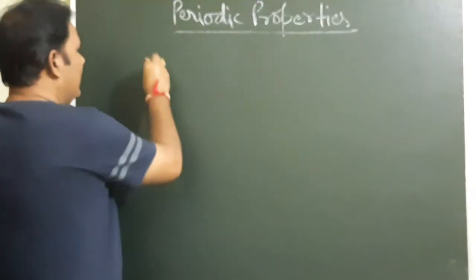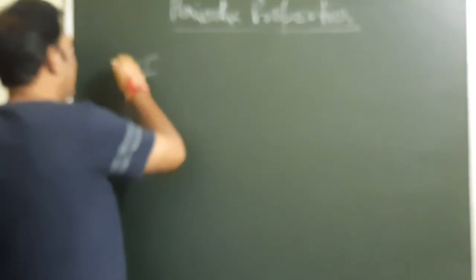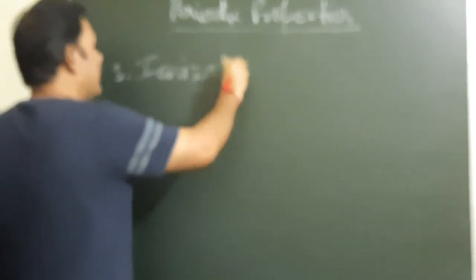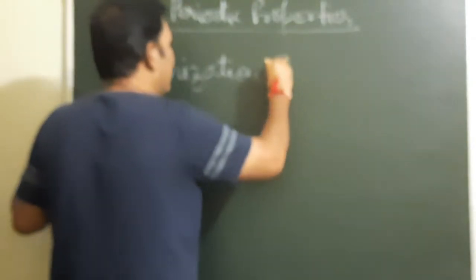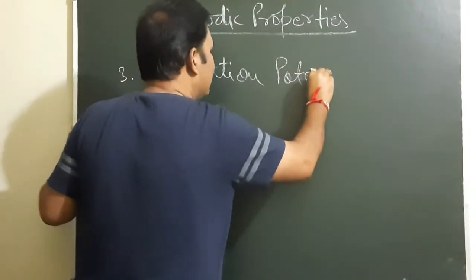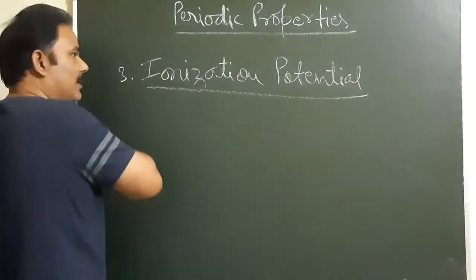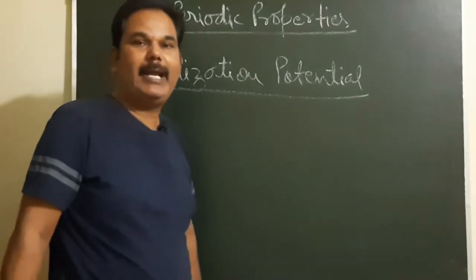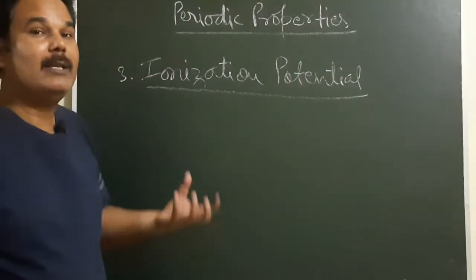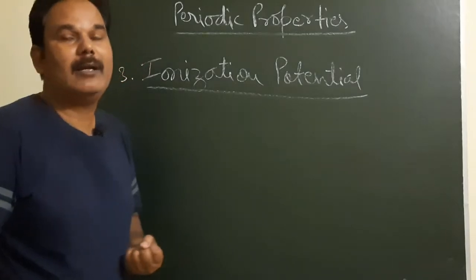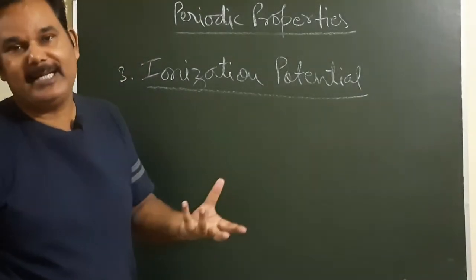What is the ionization potential? Ionization potential means the minimum amount of energy required to take out one or more electrons from the outermost shell of an isolated gaseous atom.